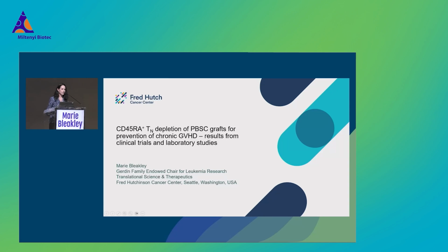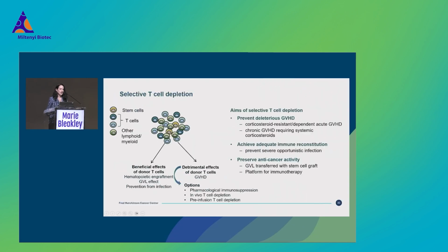Thank you very much for the opportunity to present our research on selective depletion of naive T cells for the reduction of graft-versus-host disease. As you're aware, donor T cells contained in the hematopoietic stem cell graft have beneficial effects, including protection against pathogens in the recipient.